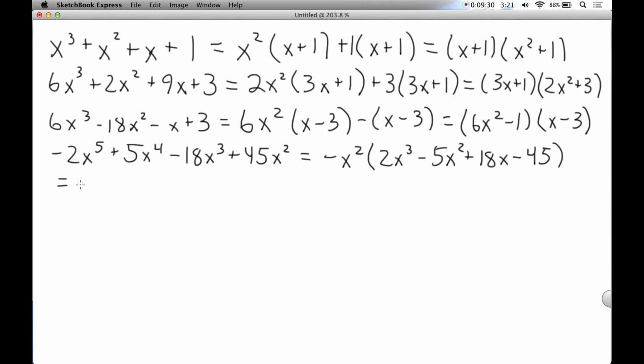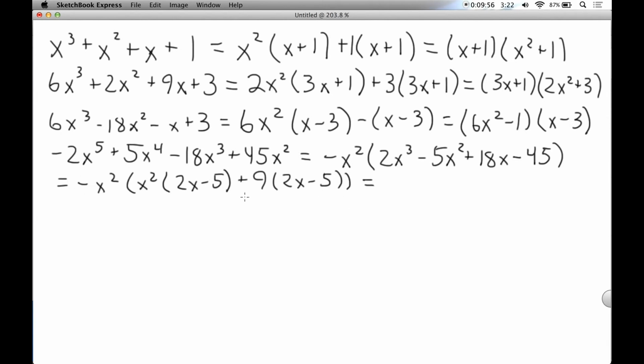And now from here, we have a group of 4 now. We're going to factor out of this group an x squared. And that will leave us with 2x minus 5. And then from this group, we can factor out a 9, which will also leave us with 2x minus 5.